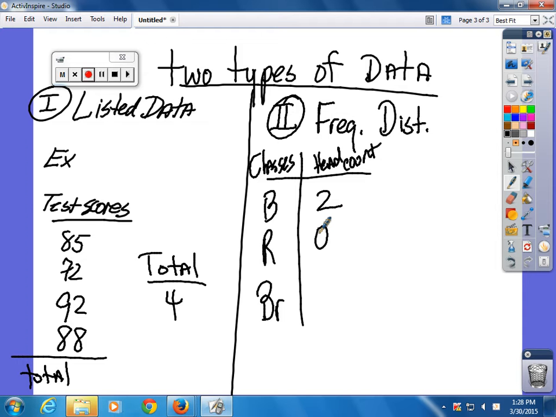And the rest of y'all, 1, 2, 3, 4, 5, 6, 7, 8, 9, 10, 11, 12. That is frequency distribution. Everybody knows how to use it, but did you know it's called a frequency distribution? A lot of people just call it a table, but it's called a frequency distribution.